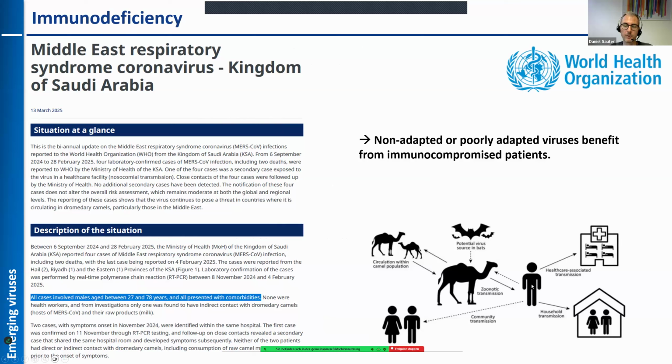But it may benefit from humans that are immunocompromised. When you read the WHO outbreak news, usually the cases they describe have comorbidities. Many of these patients suffer from cancer or some other kind of immunodeficiency that allows the virus to replicate in them.